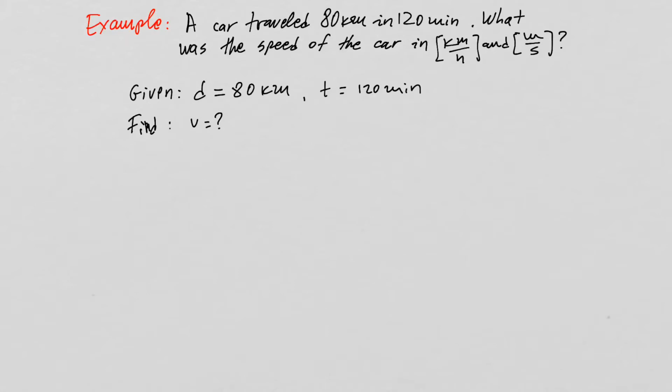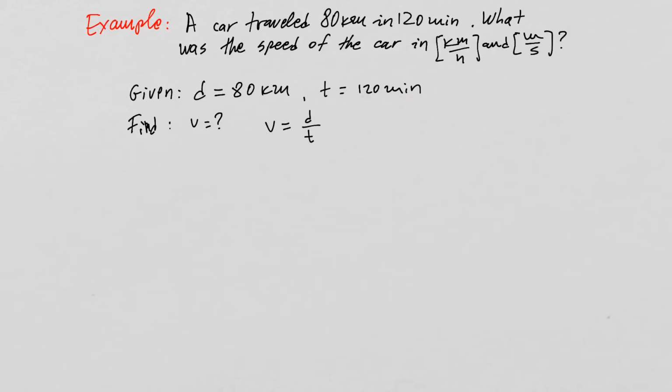So I know that the relationship that calculates speed, or the formula, is v is equal to the distance divided by time. However, they ask me to find the speed in kilometers per hour first and then meters per second. The time here I have in minutes, which means that I cannot directly substitute in the formula and calculate the result.